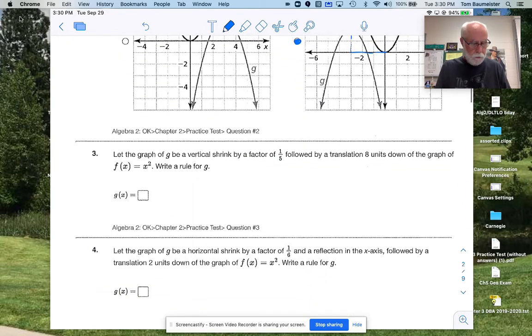Okay? Let the graph of G be a vertical shrink by a factor of 1/5, followed by a translation 8 units down of the graph, f of x is equal to x squared, write a rule for G. So remember, when it says a vertical shrink, anything with the vertical, we know that's going to be on the outside.